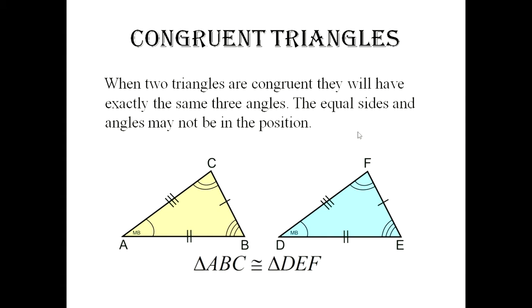So the equal sign is given like this. Since side BC is equal to side EF, both are marked with a single stroke. Also side AB is equal to side DE, so both of them are marked with a double stroke. And side AC is equal to side DF, so both of the sides are marked with a triple stroke.